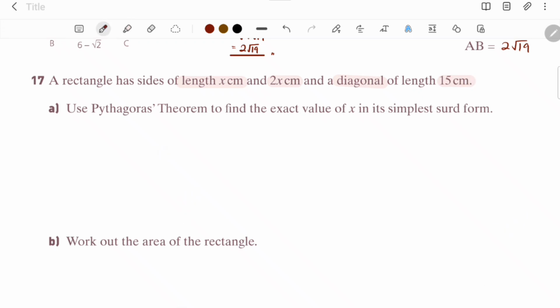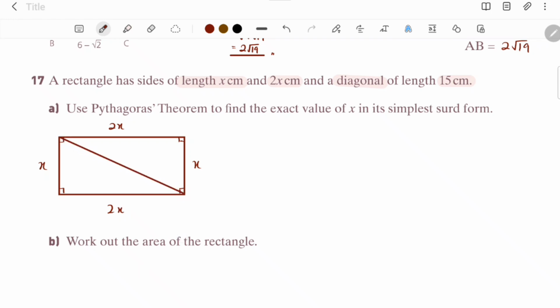Okay, so if we draw, let's say this one is a rectangle and then here is x, here is 2x, and then diagonal means this corner to this corner.